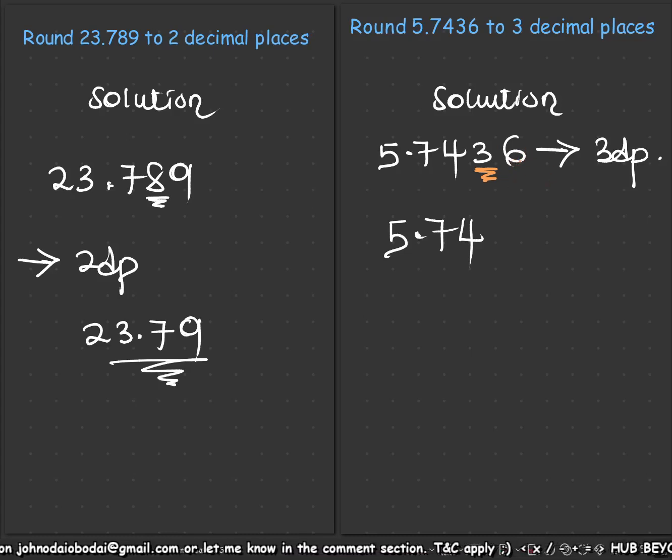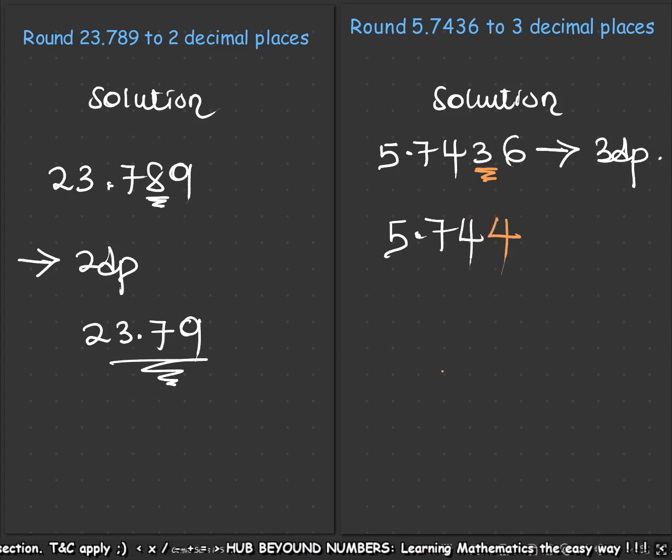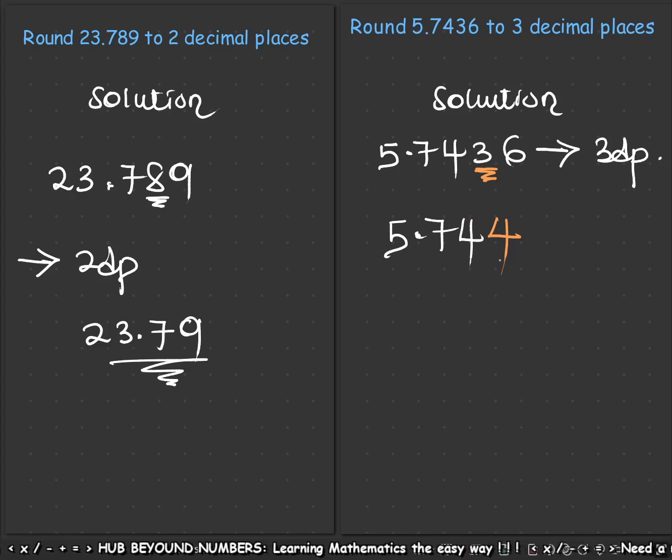If it is 6, we are going to do what? 6 is within the range of 5 or more. So we are just going to add 1 to the 3 so that it becomes 4. Instead of a 3 over here, it has become a 4. So that we have 5.744. That becomes our answer.